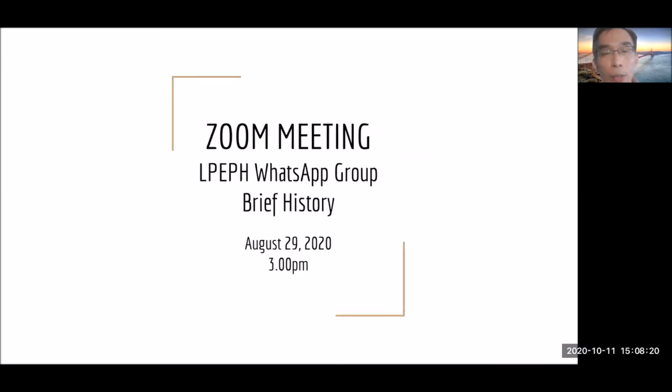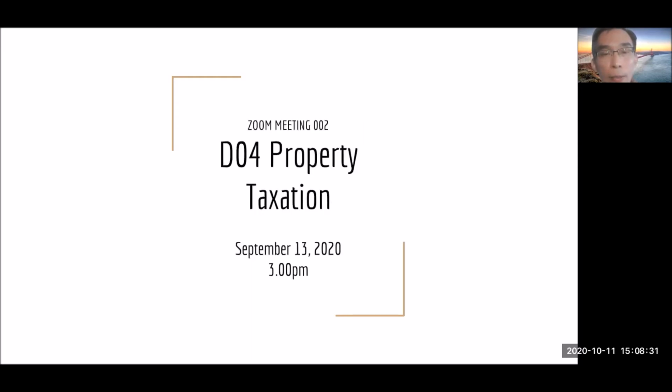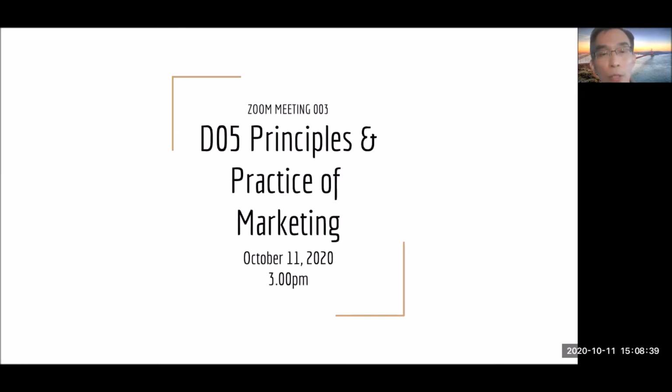So we had one at the end of August, where I did the first Zoom meeting, mainly to talk about our group, which is our study group. And then last month, September 13, we did property taxation. So now we are doing D05 Principles and Practice of Marketing.